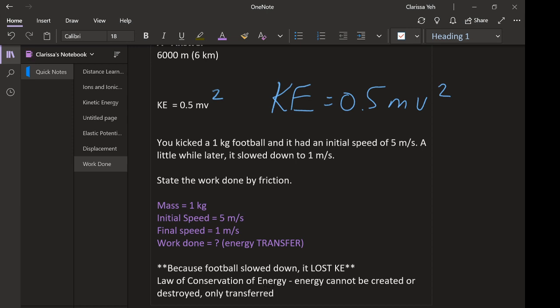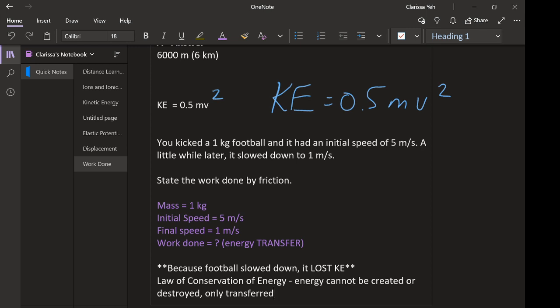Now back to something we talked about all the way back in lesson 1 of this series, the law of conservation of energy. It lost kinetic energy, but that kinetic energy had to have gone somewhere. It cannot just disappear into thin air. If this football lost energy, that energy is not gone from the universe, never to return.